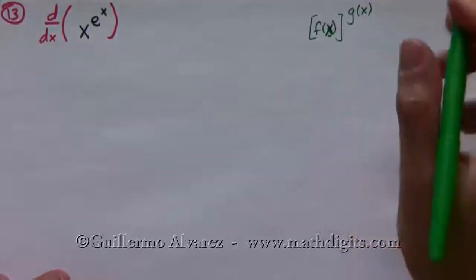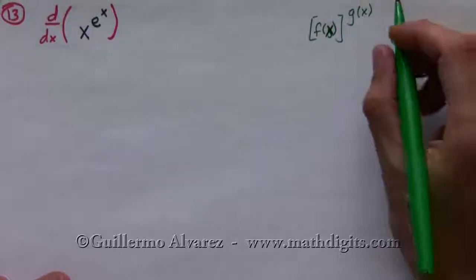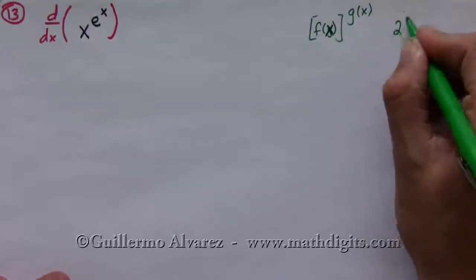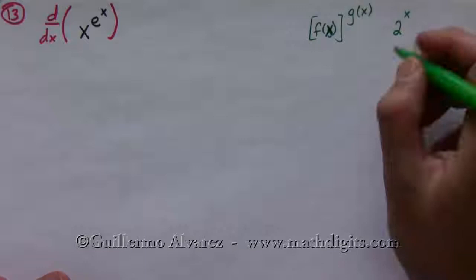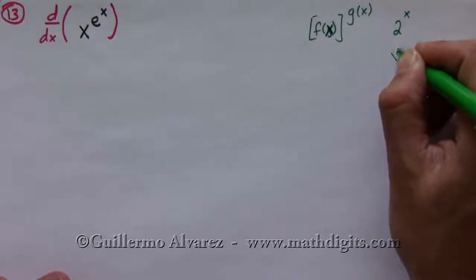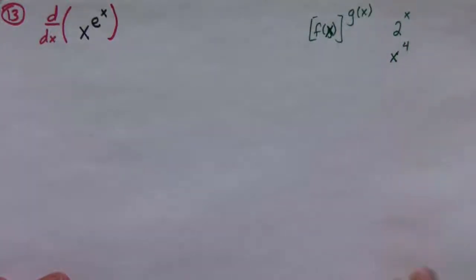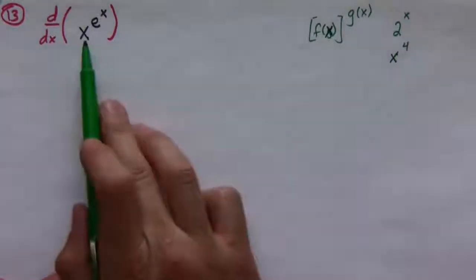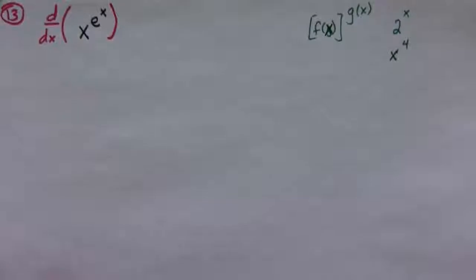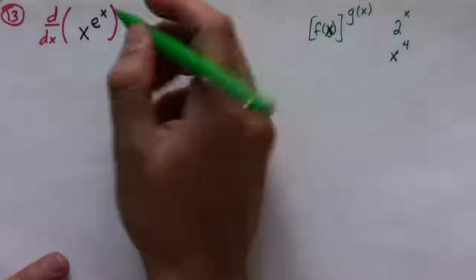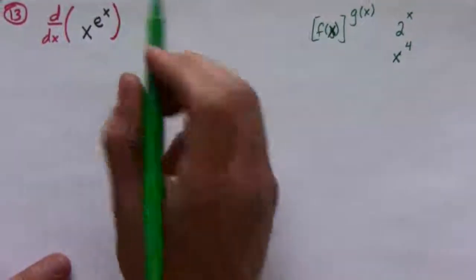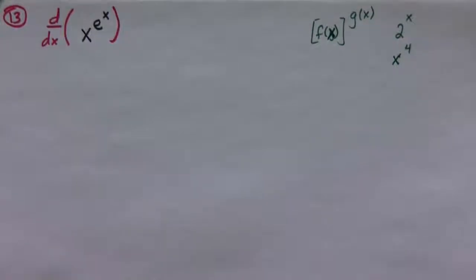We can find the derivative of, say for example, a constant to a function, or a function being raised to a constant power. These are no problem, but here we have a function being raised to another function. So we need to bring out the big guns. And the big guns in this case are logarithmic differentiation.